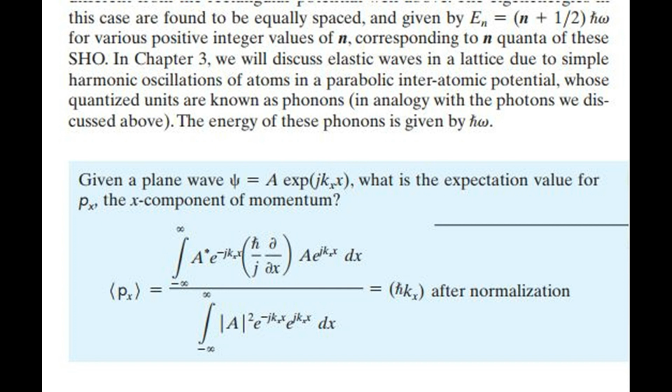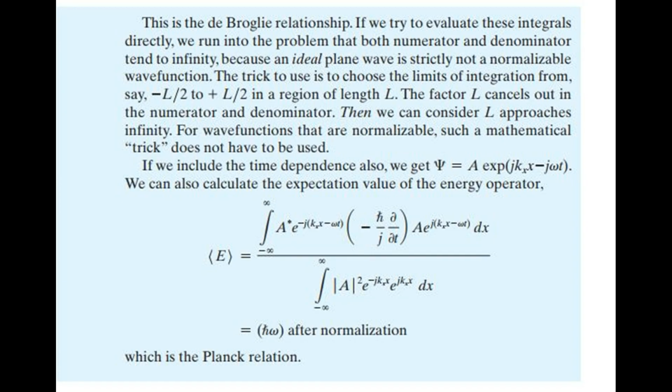The trick to use is to choose the limits of integration from, say, −L/2 to plus L/2 in a region of length L. The factor L cancels out in the numerator and denominator. Then we can consider L approaches infinity. For wave functions that are normalizable, such a mathematical trick does not have to be used.